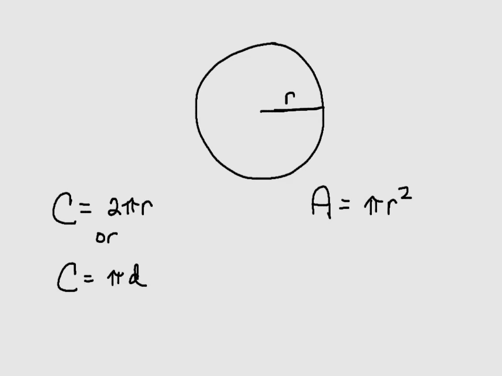Another way you can find it is using C, circumference equals pi times the diameter. Now please note that for pi you will use 3.14 on your calculators. R always represents the radius and D represents diameter.